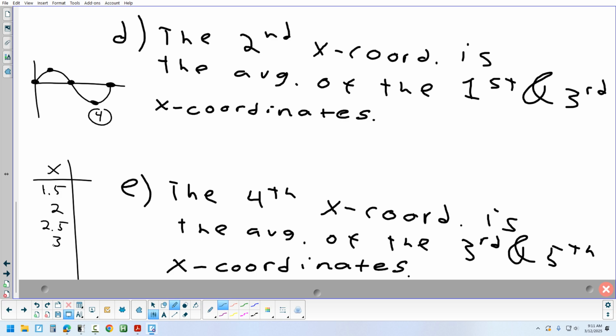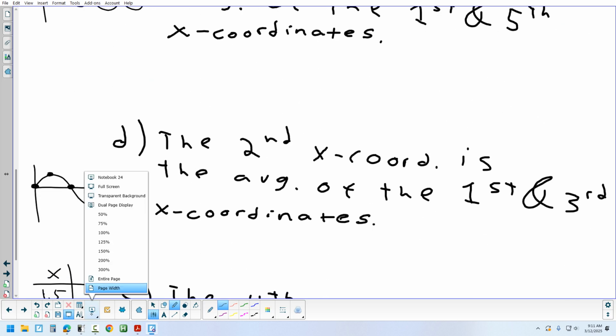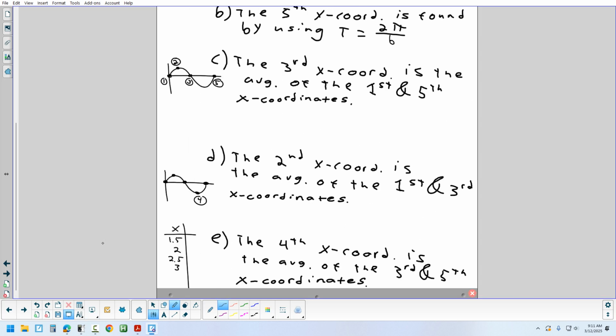So if at any point you notice the pattern, you can definitely just start using that. All right. So any questions on that? So you get the beginning, you get the end, and then everything else, average, average, average, if you don't notice the pattern.